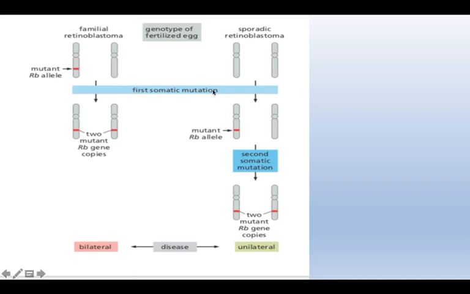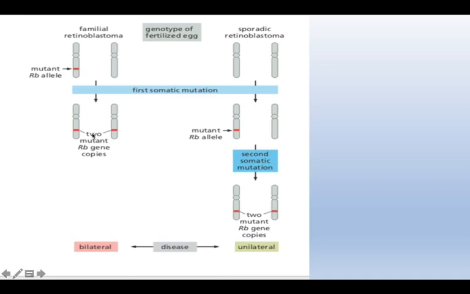The first somatic mutation induces two mutant RB genes, leading to bilateral retinoblastoma. Both eyes are affected. However, in normal individuals, there is one hit of mutant RB followed by a second somatic mutation. Two mutant RB gene copies form a unilateral retinoblastoma affecting just one eye. This is a late age event, while the other is an early age event.